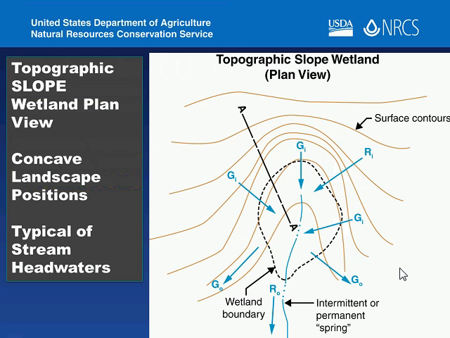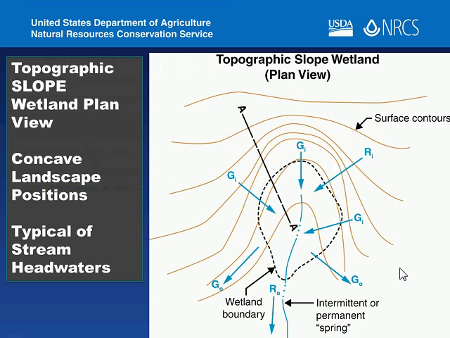The slope wetland boundary does not end when the spring flow emerges. The slope wetland boundary ends when we transition into a riverine reach where we have a landscape that's dominated by a true stream hydrograph. So here the dominant water source is groundwater, even though we get surface water runoff. In a riverine system, the dominant water source is a stream hydrograph, even though we might get a little bit of groundwater.